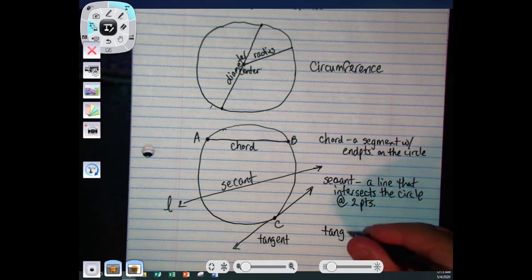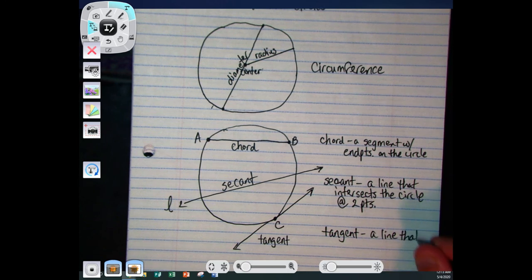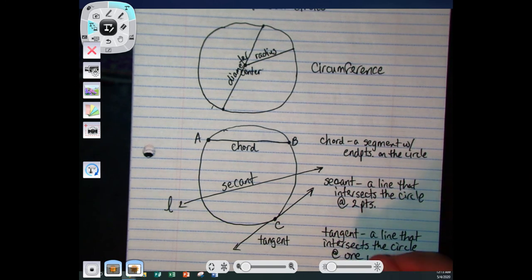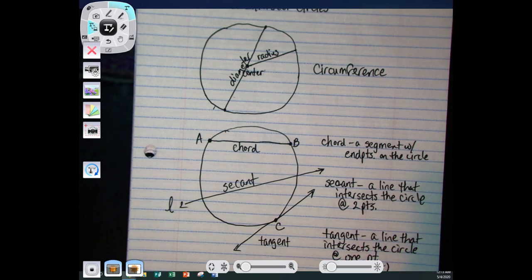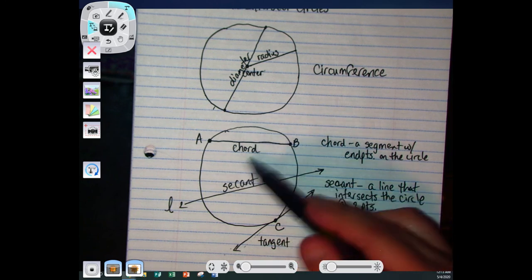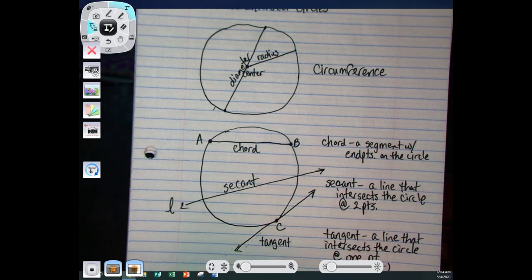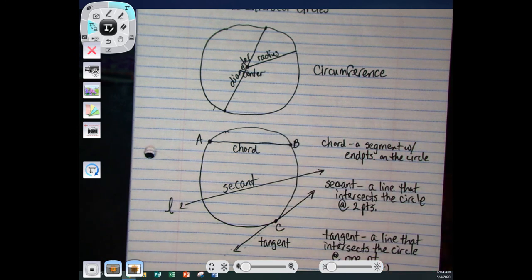So again, if something is tangent, it's a line that intersects the circle at 1 point. And this 1 point is in the exterior, or the line itself is in the exterior. So notice that a tangent line is never in the circle. If it crosses into the circle, it's now known as a secant, not a tangent. So these are the three main segments that we'll see throughout when dealing with circles.